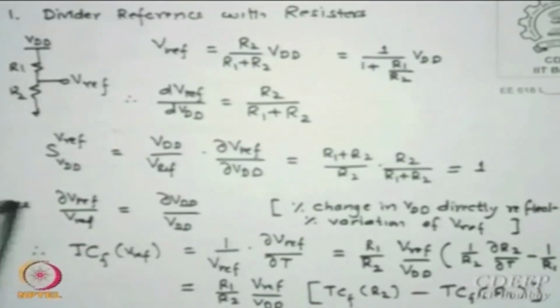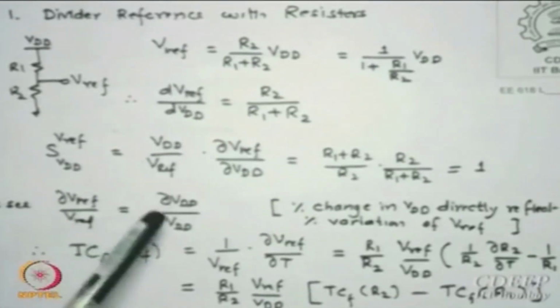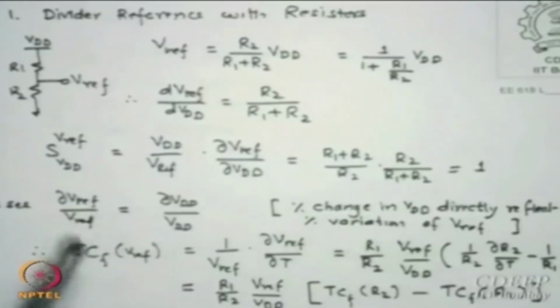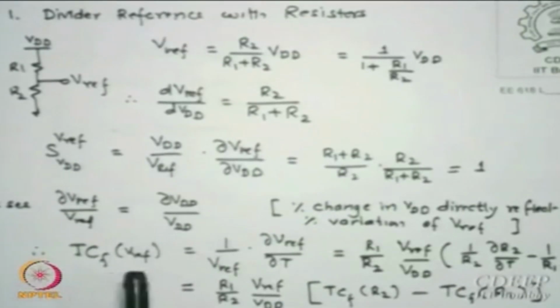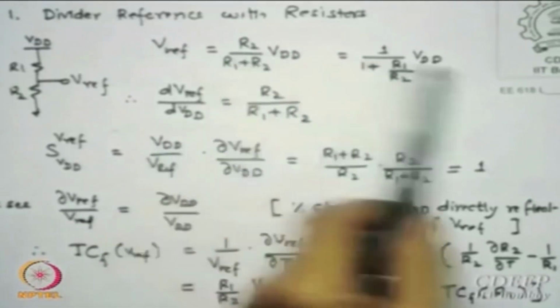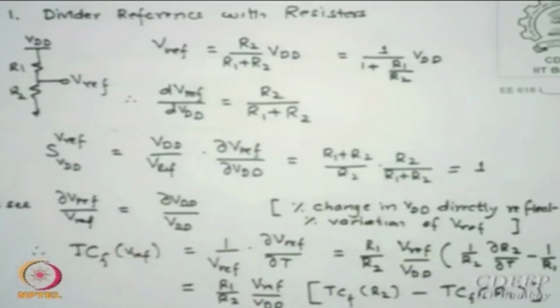If I do dV reference by V reference, that is changing by this percentage. So if we calculate the temperature coefficient of V reference, I differentiate this with respect to temperature, then I get 1 upon V reference dV reference by dT is equal to R1 by R2 times V reference by VDD times a function, which is TCF of R2 minus TCF of R1.